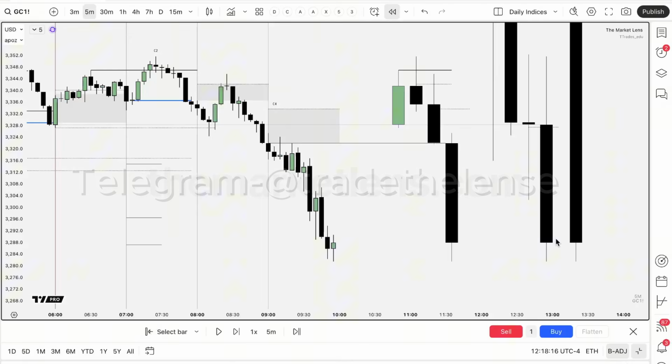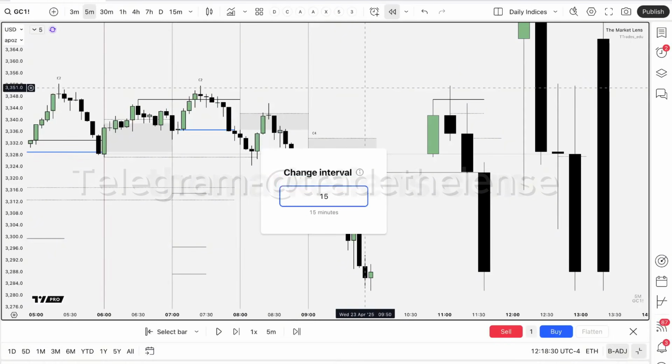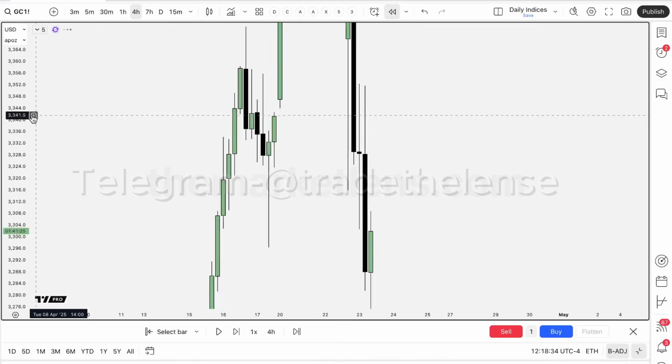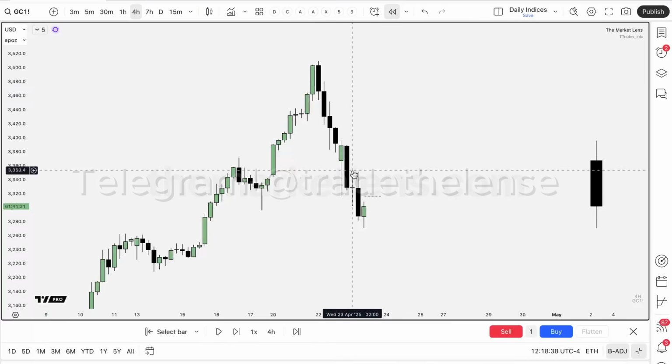Let's see. We go back up. I saw candle 2 form on the 4-hour, dropped to the 15-minute, and it failed. Well, so here's the thing. What you're trying to do is go to the 4-hour here. You see how my daily bias is bearish because of that daily candle?